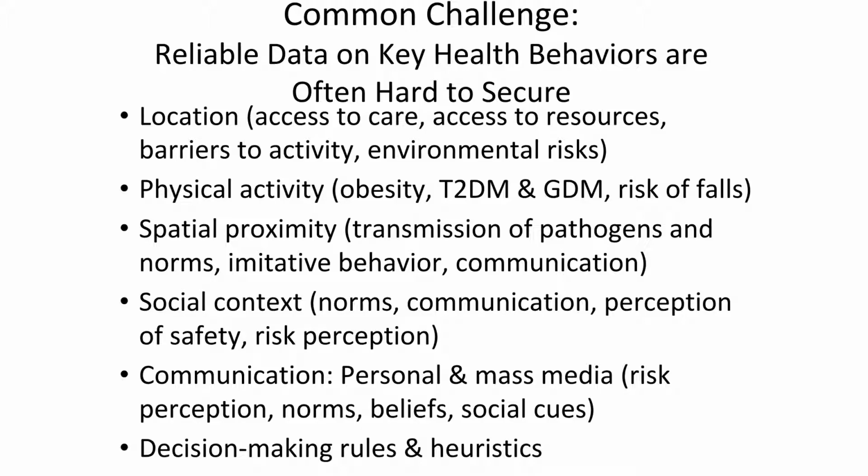There's been a great deal of interest within the past half decade to a decade or so in the impact of social context on individuals' functioning, the ways in which the physical activity of those around us might shape our own physical activity, but also the ways in which attitudes might spread. And this aspect of social context is also difficult to measure in a less burdensome fashion with traditional instruments.